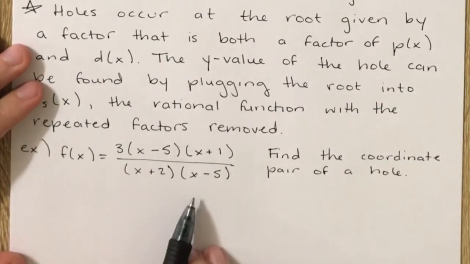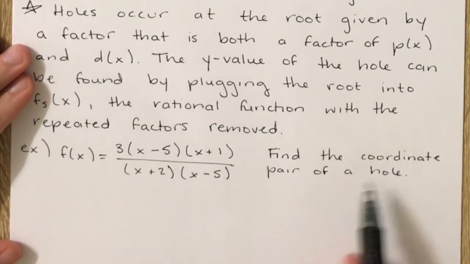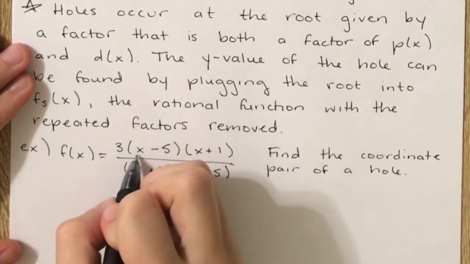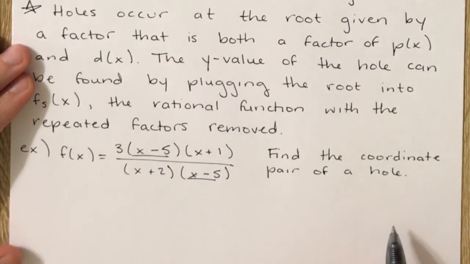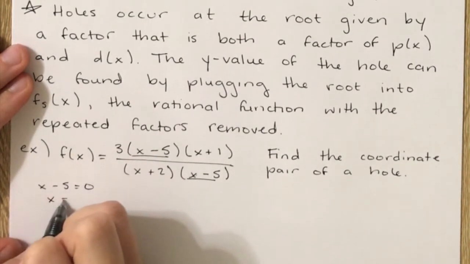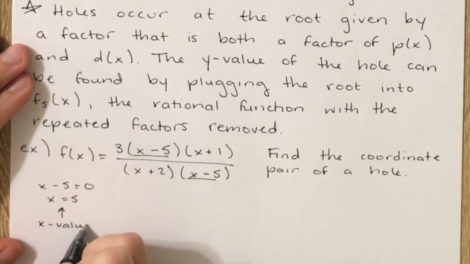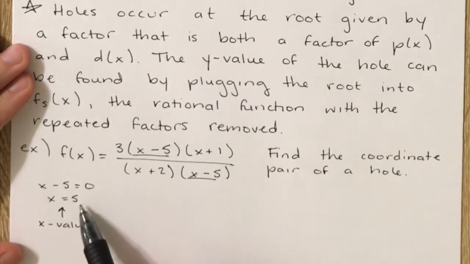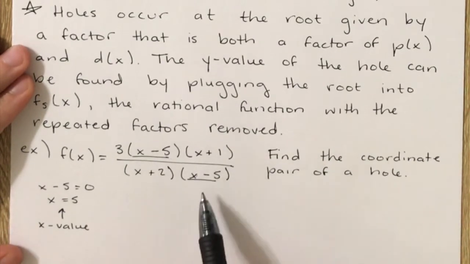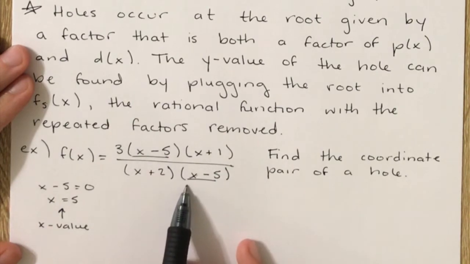So, all right, what do we know? Well, we know that the x value of the hole is going to come from a repeated factor. That repeated factor is clearly this x minus 5 and x minus 5. So x minus 5 equals 0, we get x equals 5. This is the x value of the hole. Now, we know that the graph of this function is going to look like whatever's left over when we cancel these factors, right?